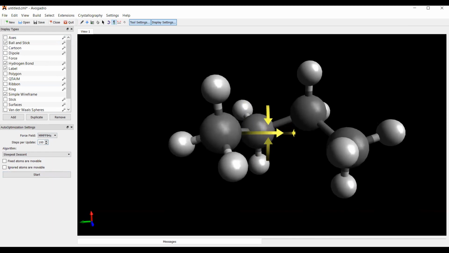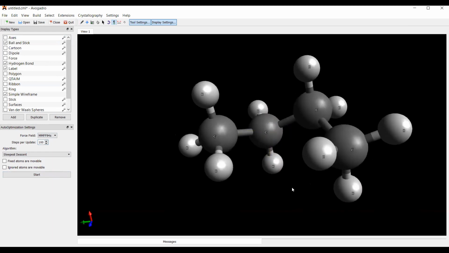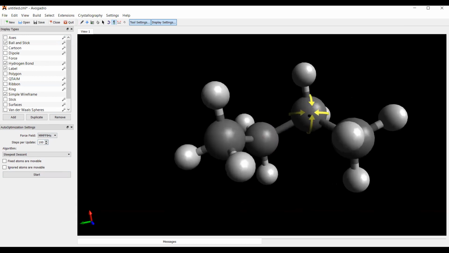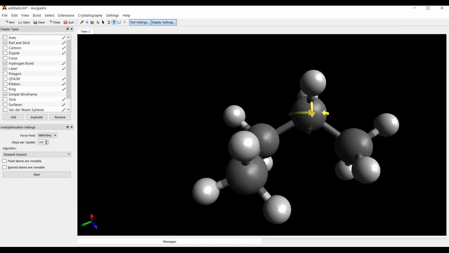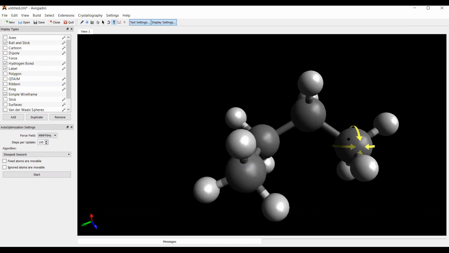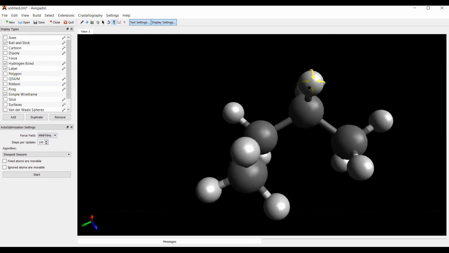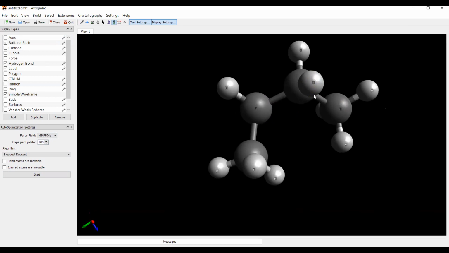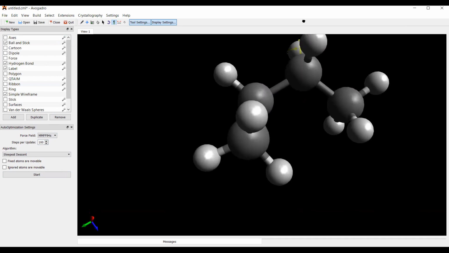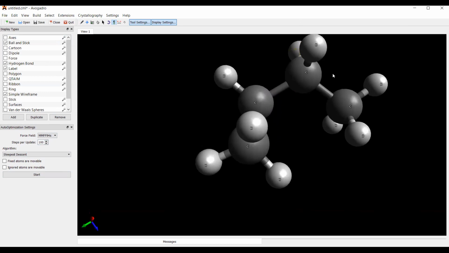Okay. Now, if I look at any carbon atom, let us say this carbon atom here, this carbon and this carbon are in one plane, right? Of the hydrogen atoms, one of the bonds will be coming outside, and there will be another bond which will be behind the screen. So we have 4 bonds.